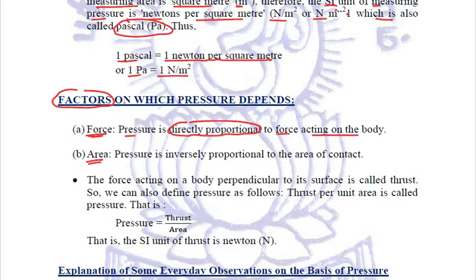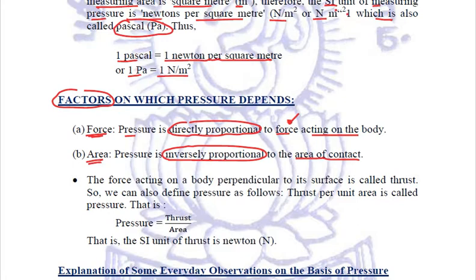That means the more the force, the more the pressure exerted. And pressure is inversely proportional to the area of contact. Meaning if the area of contact is less, more force is acting on that lesser area, hence increasing the pressure. And if the area of contact is more, the pressure exerted on that large area will be reduced, it will be decreased, right?